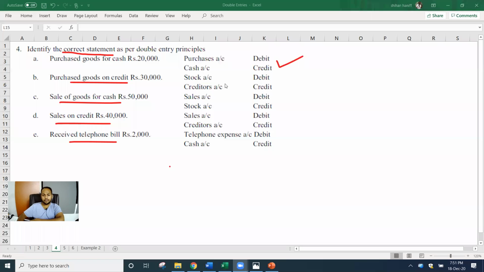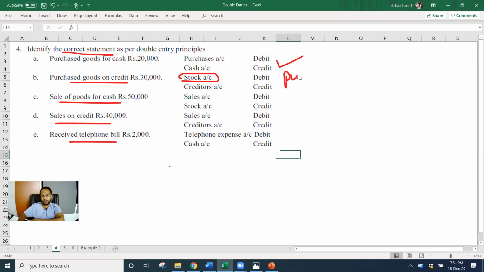How about B? Purchase goods on credit. We don't record in the stock account, we have to record in the purchases account.